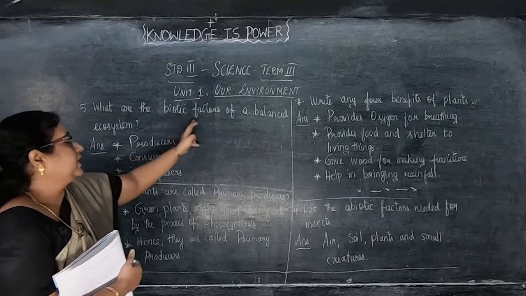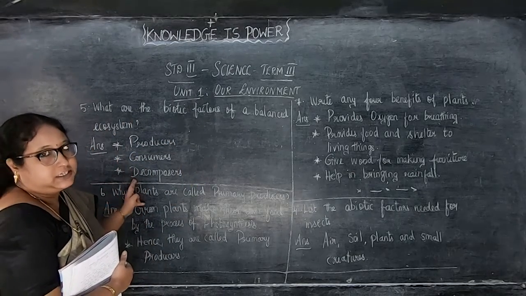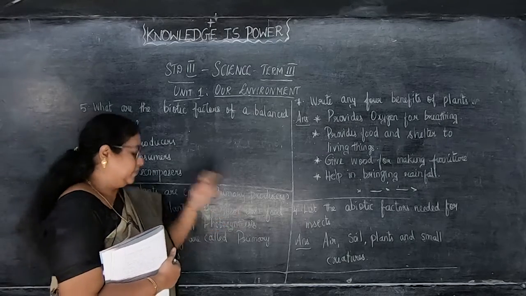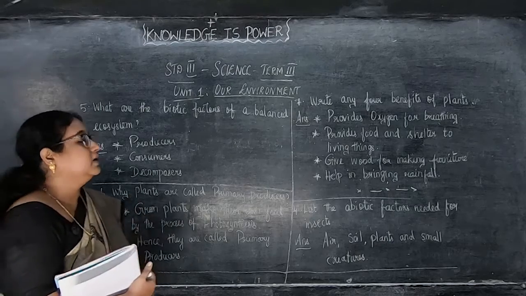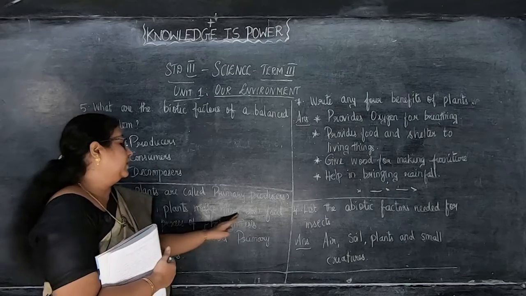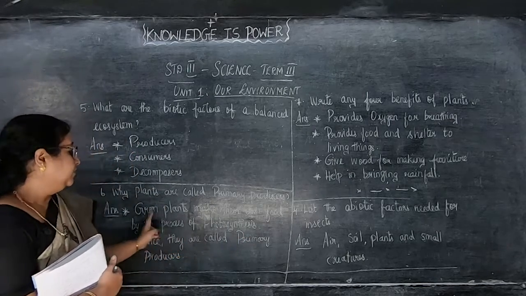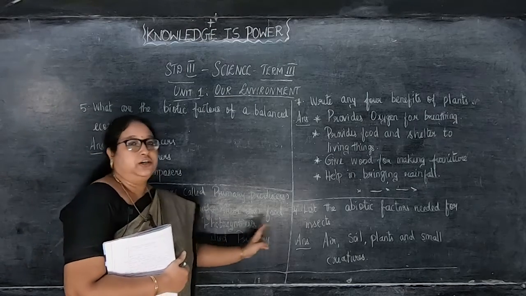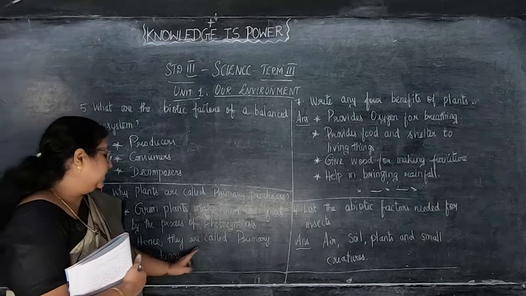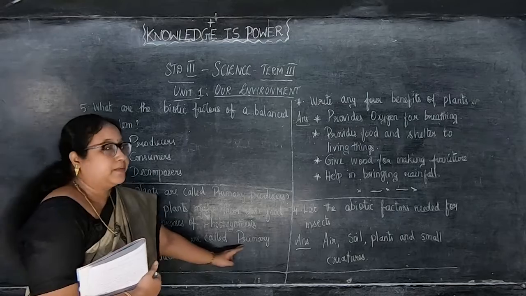Then the sixth question, why plants are called primary producers? First point, green plants make their own food by the process of photosynthesis. Second point, hence they are called primary producers.